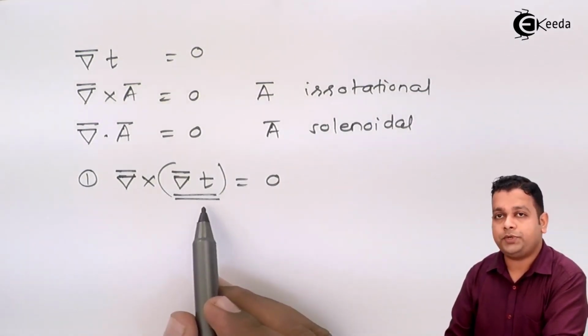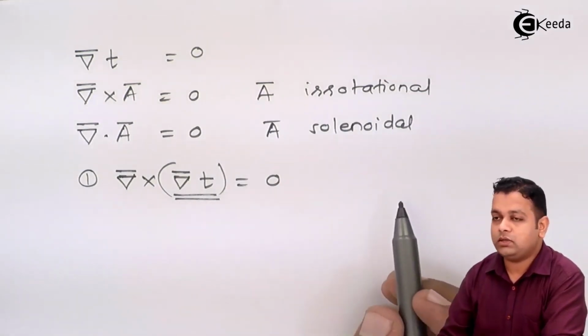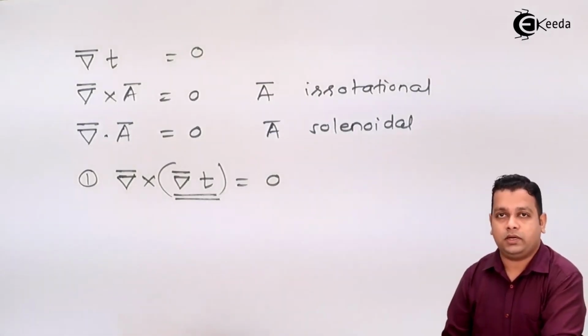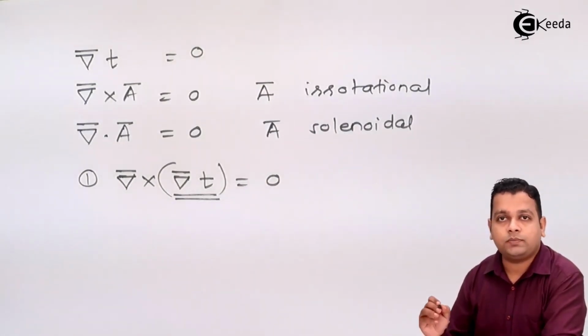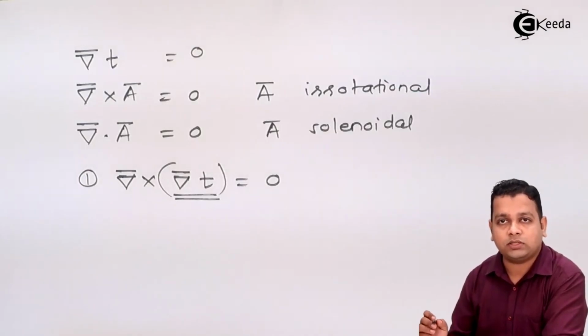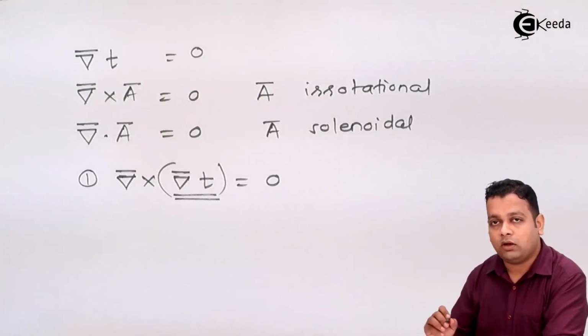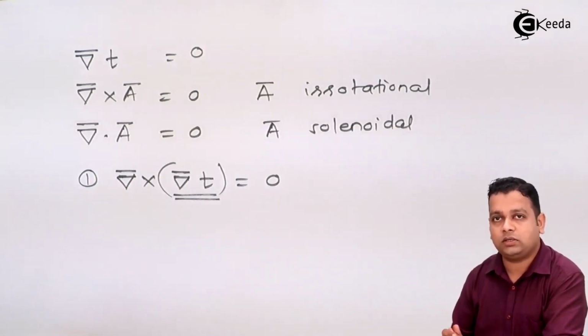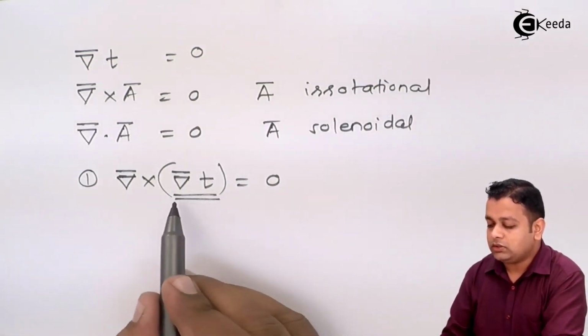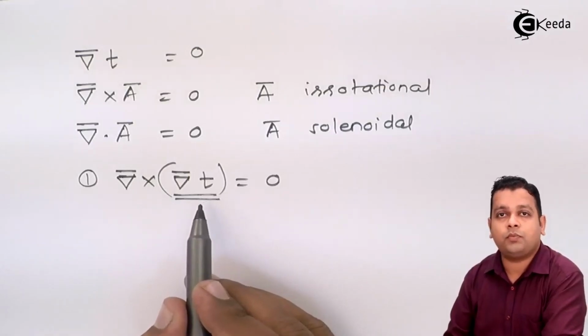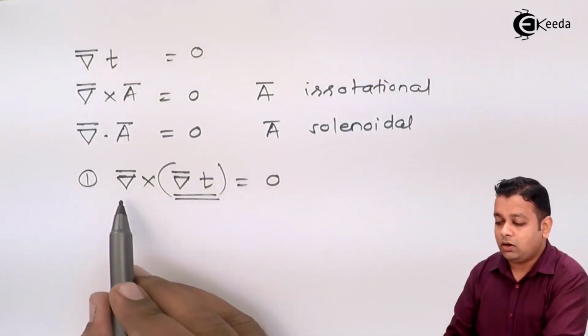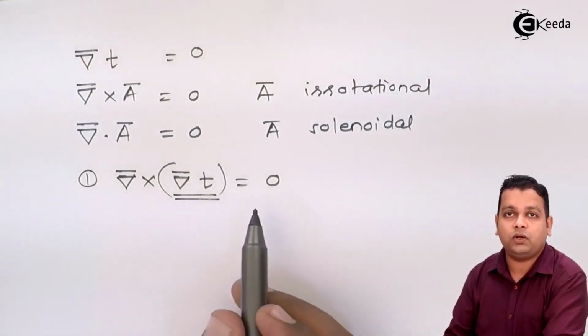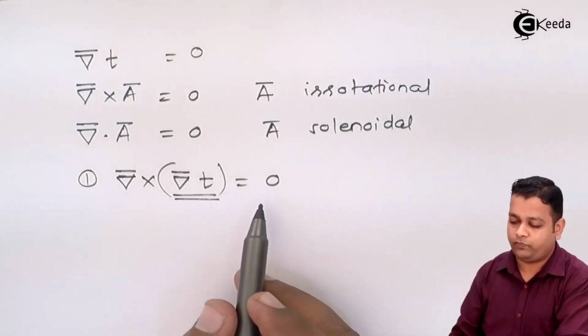Now the gradient of t is measured along a linear direction. Maximum rate of change of any scalar quantity, for example temperature or voltage, along x, y, z axis or any arbitrary direction. So it is along a line, so it does not have any property of rotation. So hence curl of gradient of t will always be equal to 0.